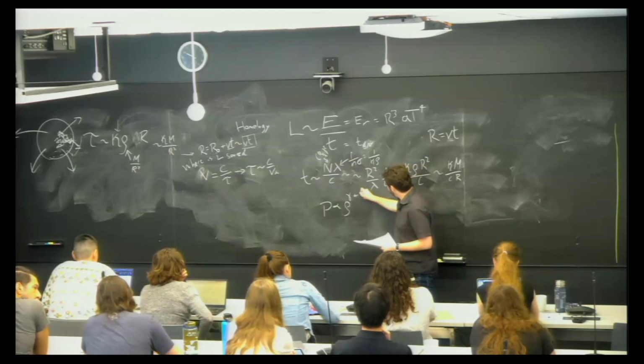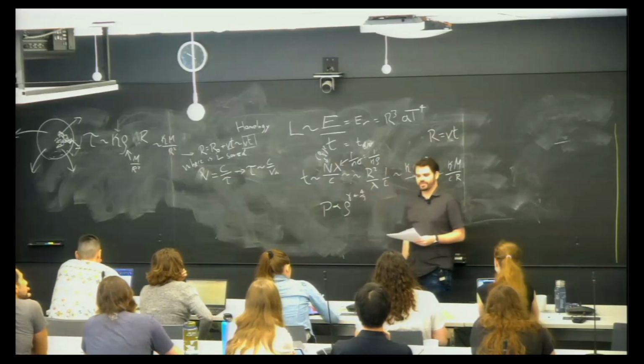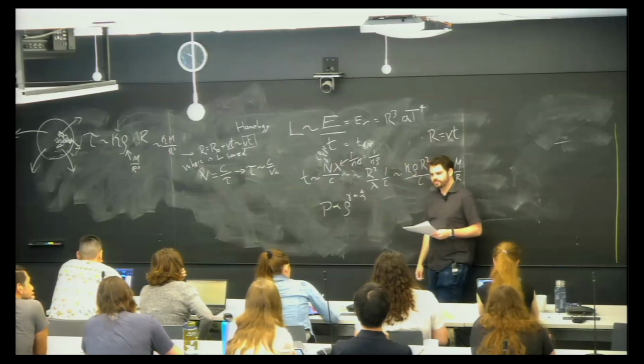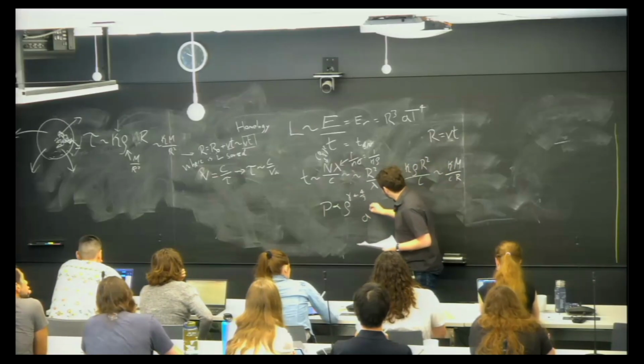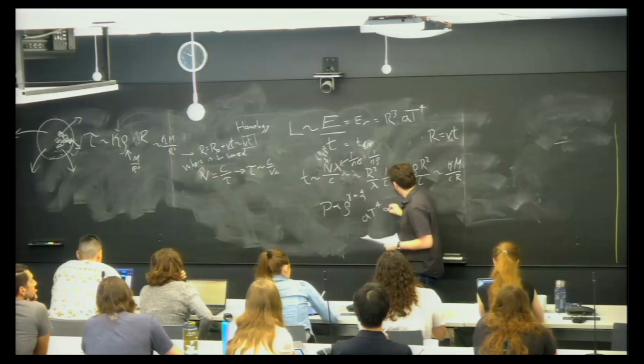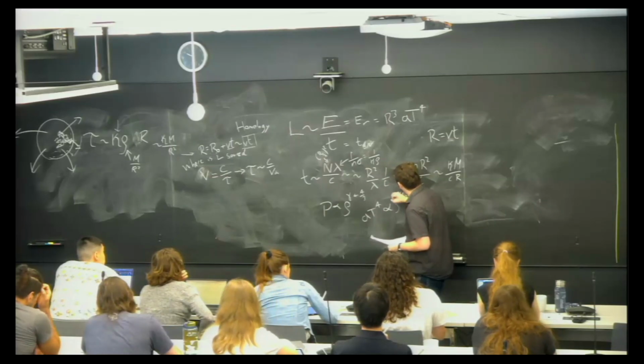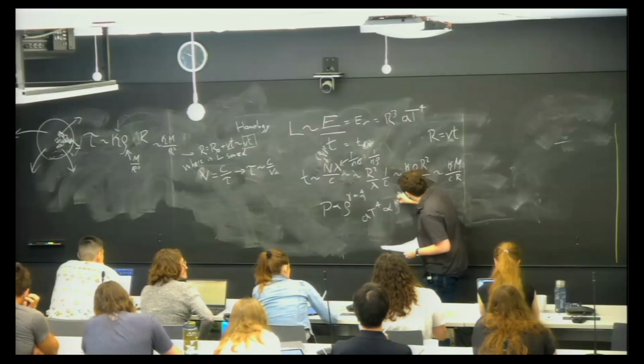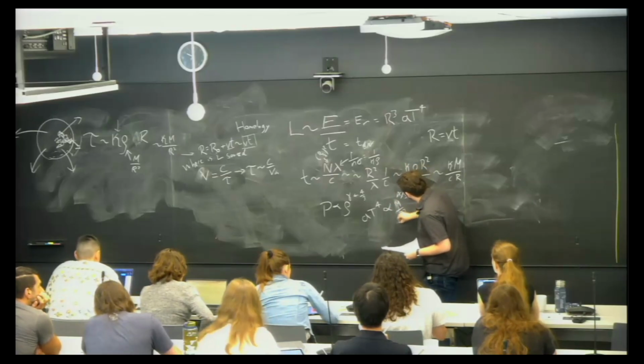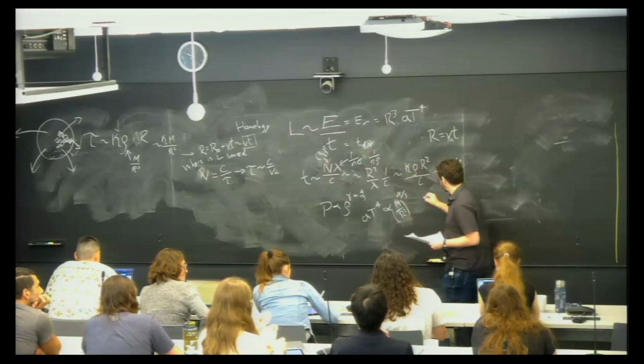For radiation-dominated plasmas, gamma is 4/3. So P goes like aT to the 4th, goes like rho to the 4/3, goes like M over R cubed to the 4/3.